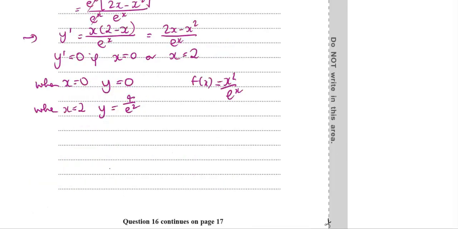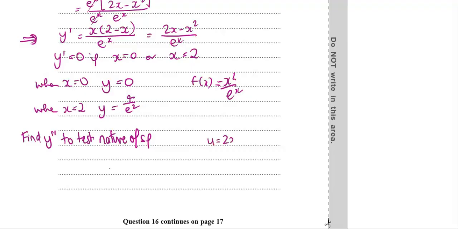Okay, so we're going to find the second derivative to test the nature of the stationary points. So we know what y dash is here. We're going to need to set up another quotient rule.